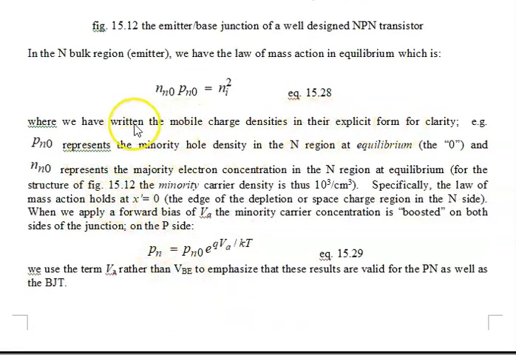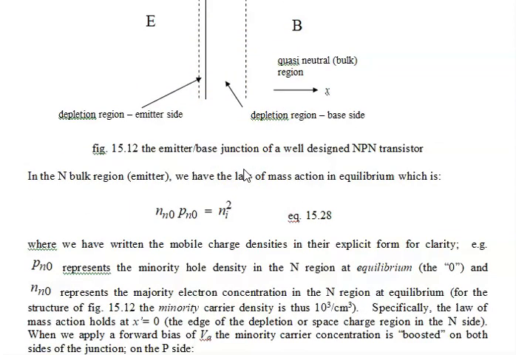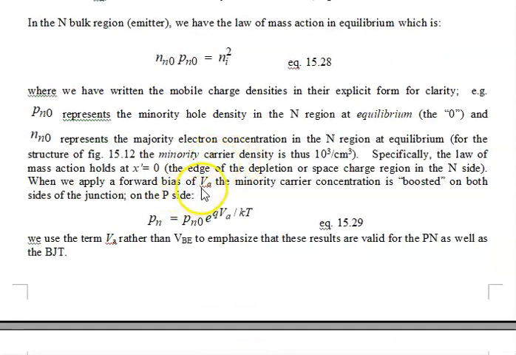And these next few sentences, I just expand that and basically write what I just said. Okay, so now if we apply a bias, it could be VEB if it's PNP, or VBE if it's NPN. But the theory is the same if it's an emitter-base junction or a PN junction. So I use the more generic term VA, where A applies to the applied voltage.